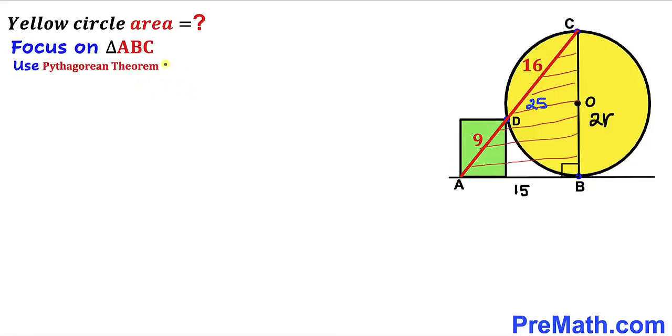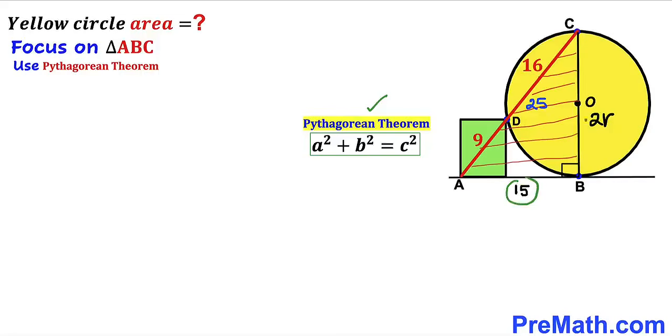Now we are going to apply the Pythagorean theorem on this triangle to calculate the value of the radius r. Here's our Pythagorean theorem: a squared plus b squared equals c squared. In our case, our two legs are 15 and 2r, and our hypotenuse is 25. So (2r) squared plus 15 squared equals 25 squared.